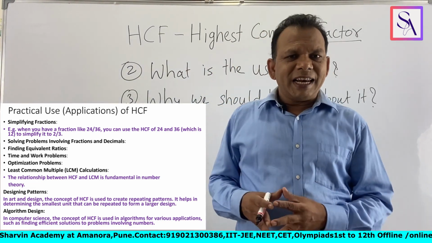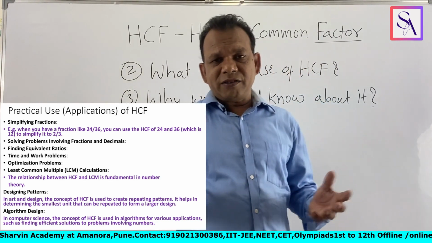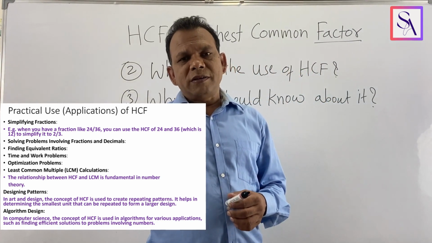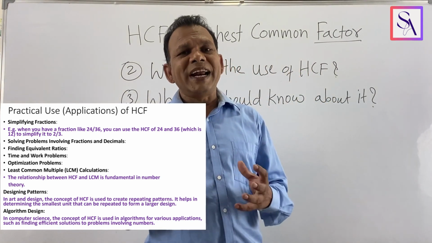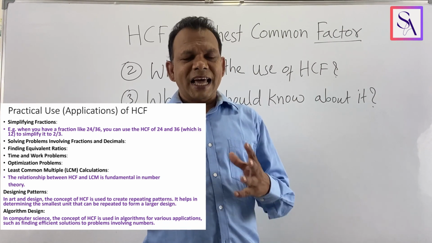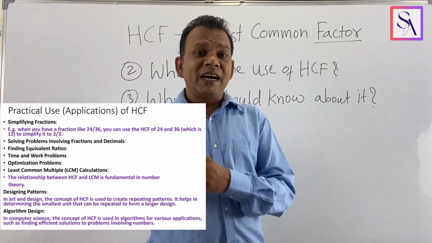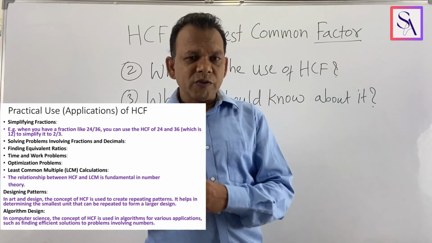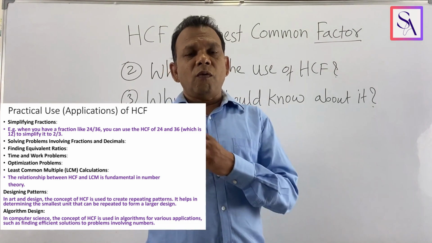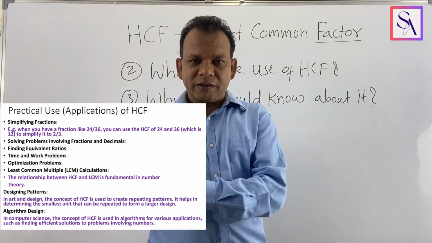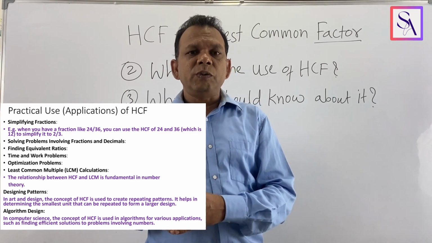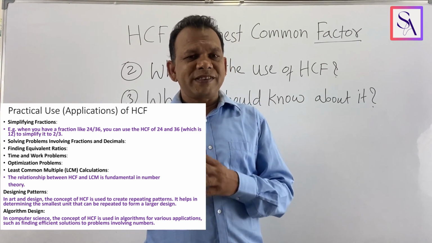In case of designing, suppose you are a designer of unique designs, and in that design there are certain common parameters you are using, right? So to find those common parameters or common factors, you need to know about HCF.